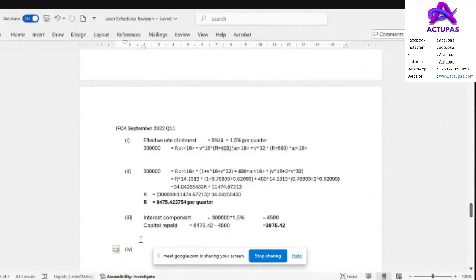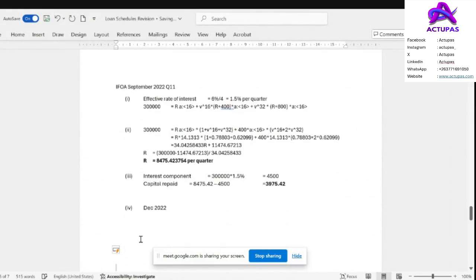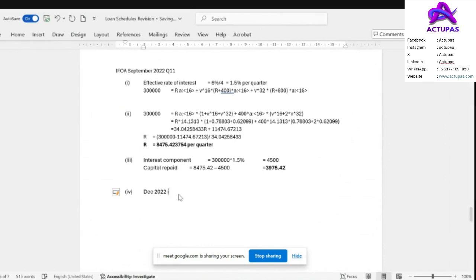So we have the next installment, the December 2022 installment, equal to 8475.42 plus 400, because it would have increased by 400, which gives us 8875.42. And then from 2023 onwards, installments will have an additional 400.